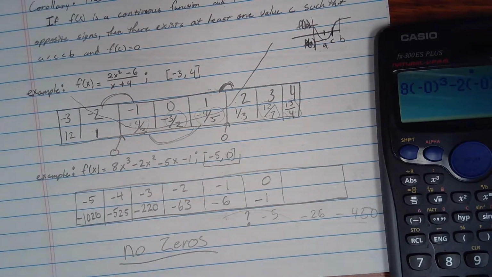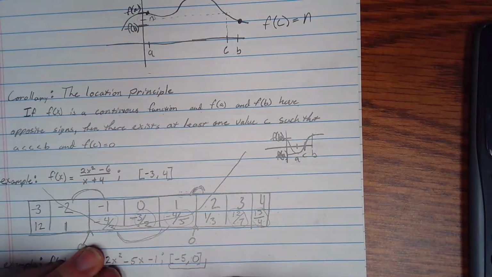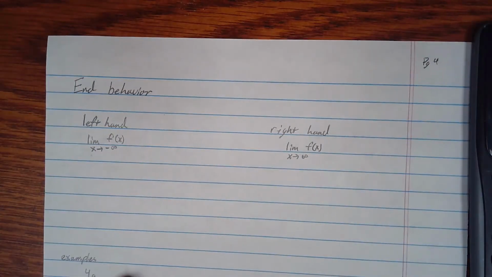In fact, if you put positive 1, you may actually cross that 0 line. Maybe not, but you might cross it. Okay? But on this one, there were no zeros. All right. I know this recording will be kind of long.